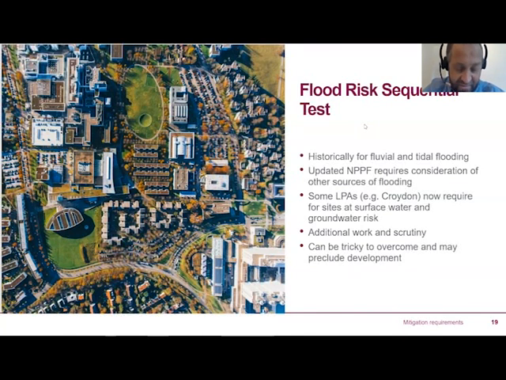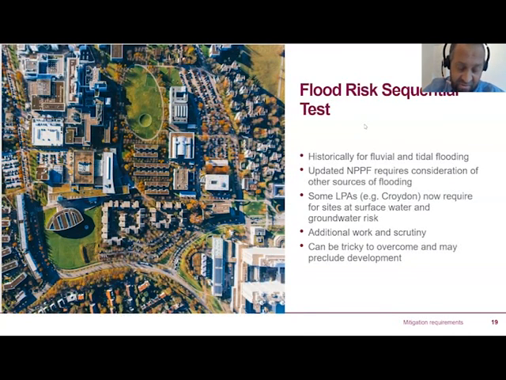The sequential test is a planning tool which looks to steer developments to areas of lowest flood risk. Historically, planning authorities have focused on fluvial and tidal flooding as the main drivers. However, following a strengthening of the NPPF, all forms of flooding should be considered, focusing not only on fluvial and tidal, but surface water and groundwater risk as well.